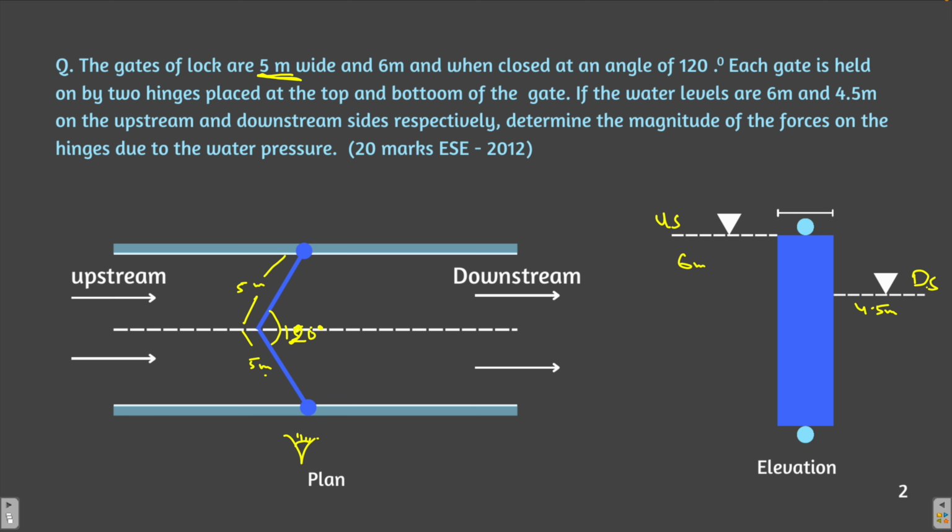While looking from the side or the elevation side, you are not looking at the 5 meter length, but what you are actually looking at is the projection of this 5 meter.